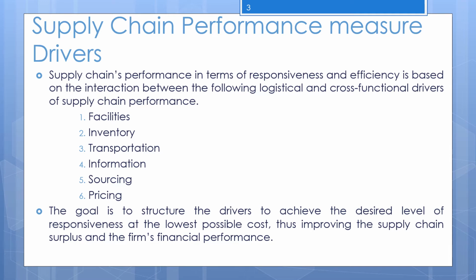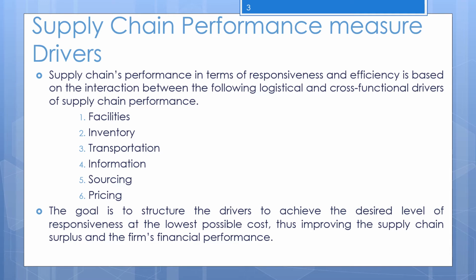Then product variety, which measures the number of products and product families processed in a facility. Processing cost and flow times are likely to increase with product variety. Then volume contribution, which measures the fraction of total volume processed by the facility that comes from the top 20 percent of customers.